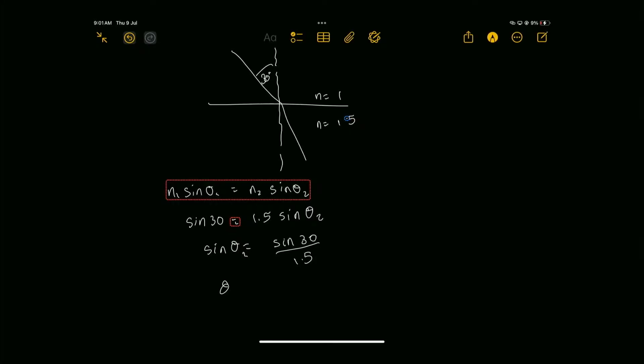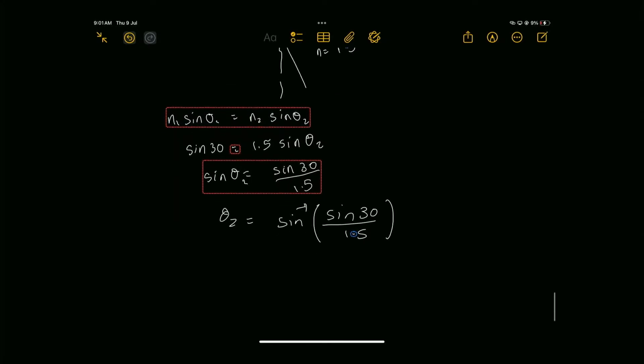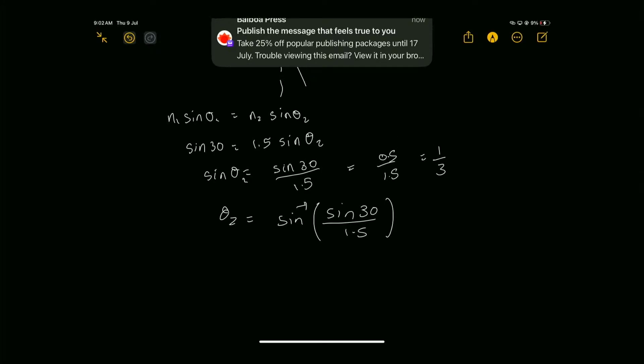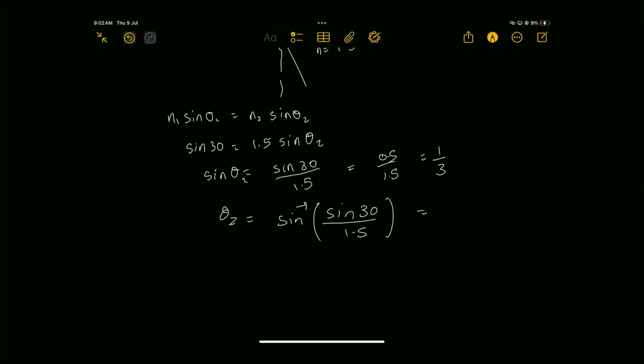So theta 2 is equal to sine inverse of sine 30 over 1.5. I believe sine 30 is a half. Let me just clarify that. Yes, sine 30 is a half. So I could just write this as 0.5 over 1.5, which is equal to 1 over 3. So this is equal to sine inverse of 1/3, right?